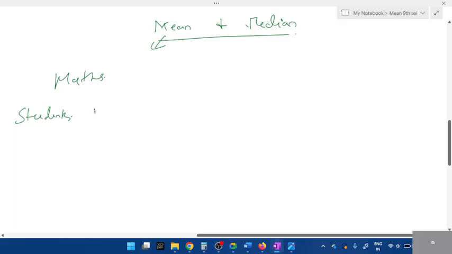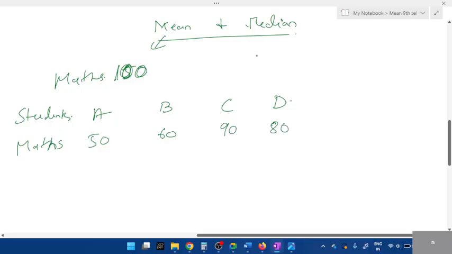There are 4 students, A, B, C, D. And max marks, out of 100. Student A has scored 50, student B 60, student C 90, and student D 80. So basically mean is just the average mark, students.